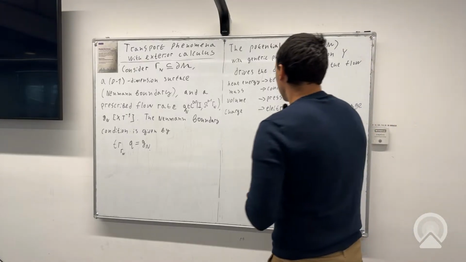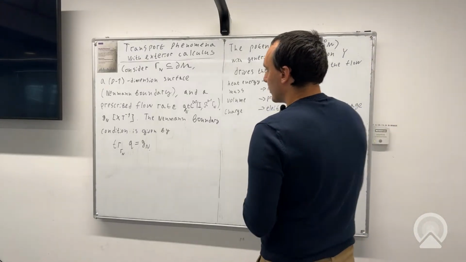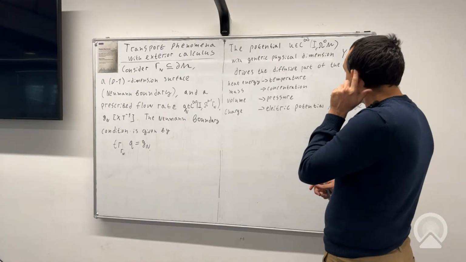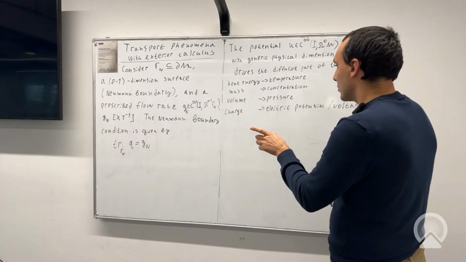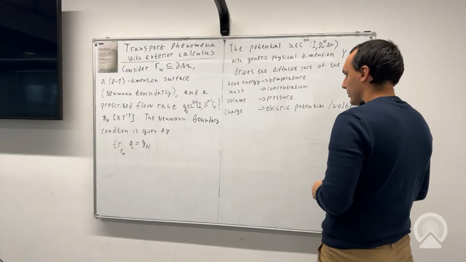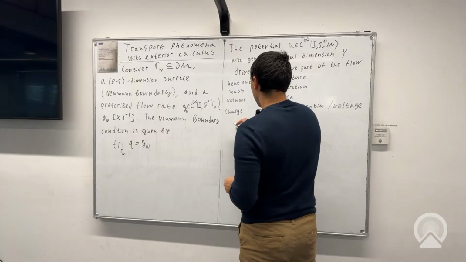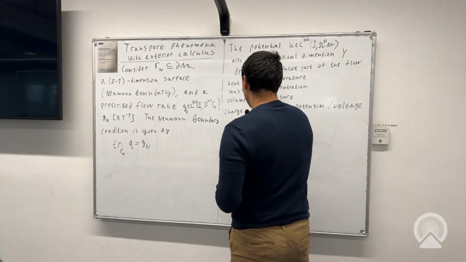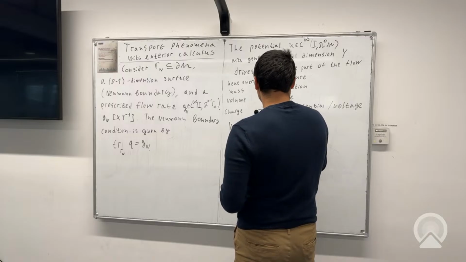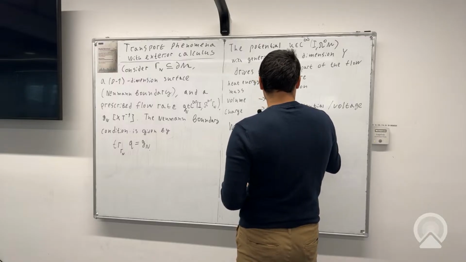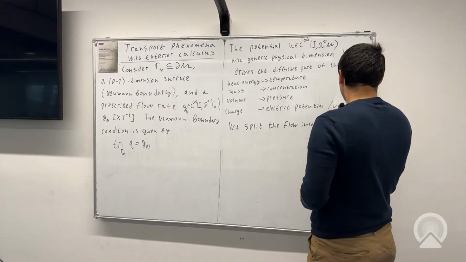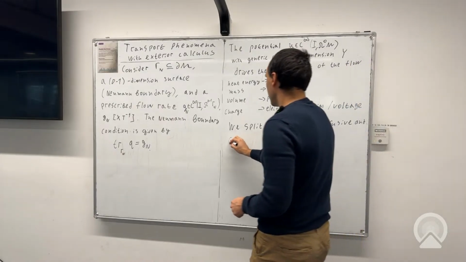And so to formulate the relation, we need to separate the flow into diffusive and advective parts, if there is an advective term. So we split the flow into diffusive and advective parts.